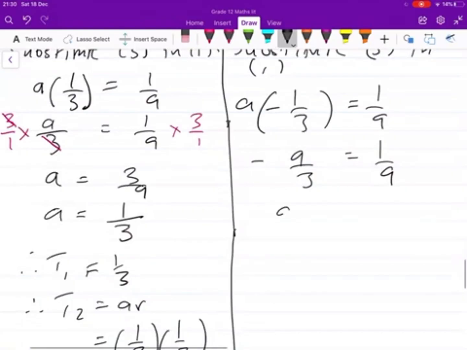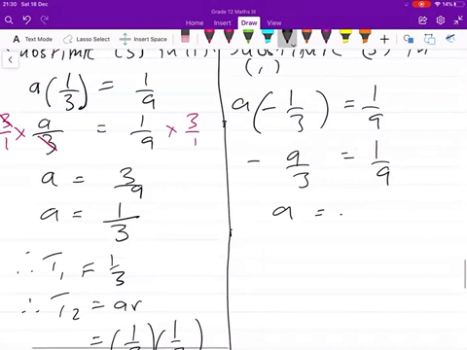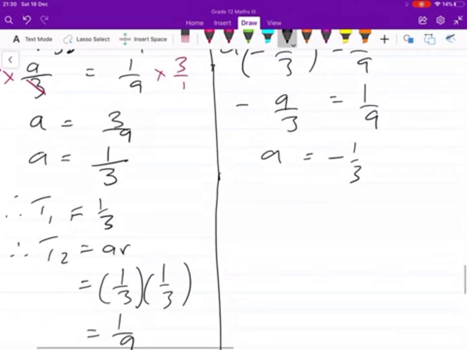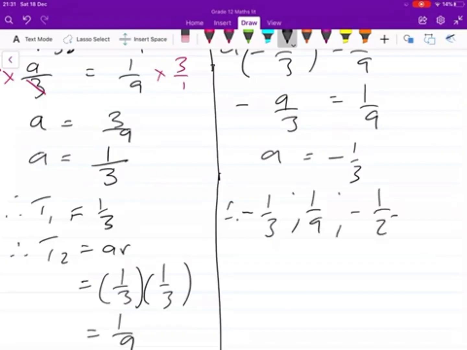And of course, here the value of a, we really can't labor that much on this, is equal to minus 1 over 3. And with proper solving, and this will be your little homework here, we will find out that the sequence is minus 1 over 3, 1 over 9, and negative 1 over 27.